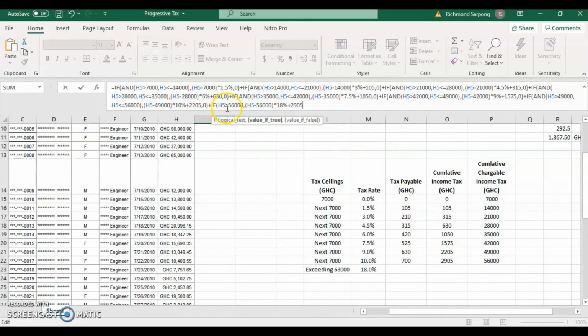So I'll do the IF, this is greater than that, you should multiply this by minus that, and the 56,000 multiplied by the 18%. So anything that exceeds this would attract this charge 18 plus this, which is the last total rate, else 0.